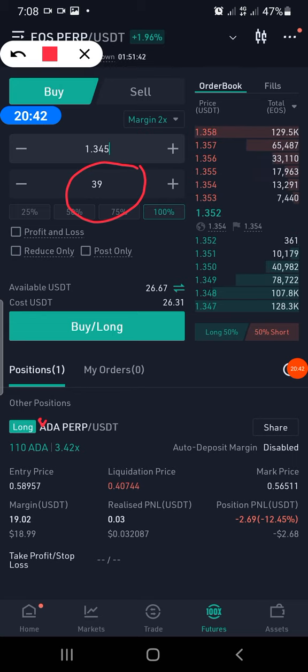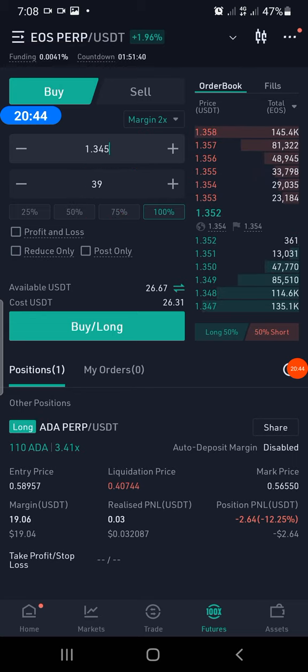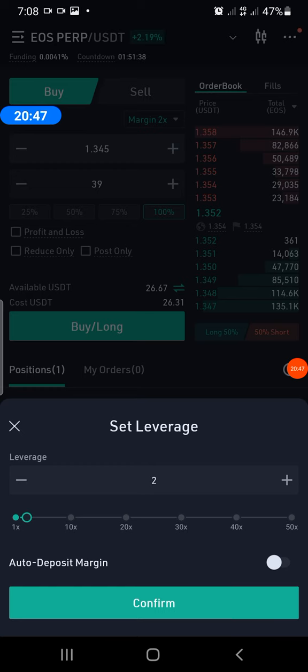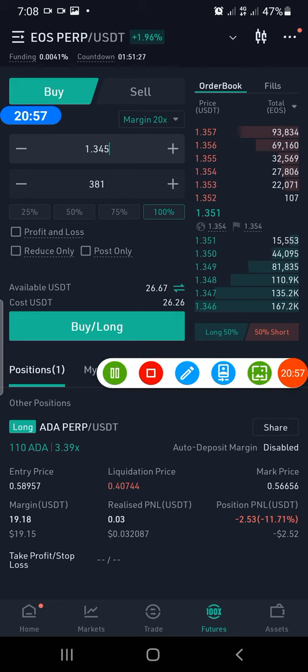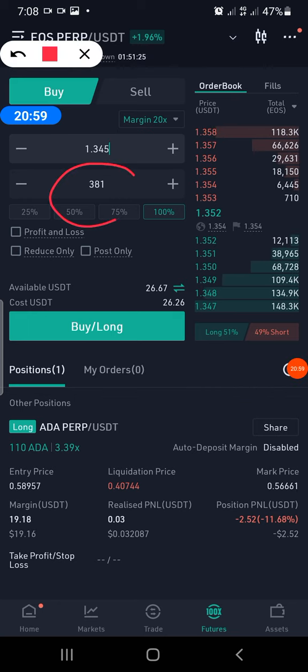So let me change it to 20x and see what will happen. Confirm. You see now, with this same capital, $26, they allow me to purchase a higher amount of this particular asset.